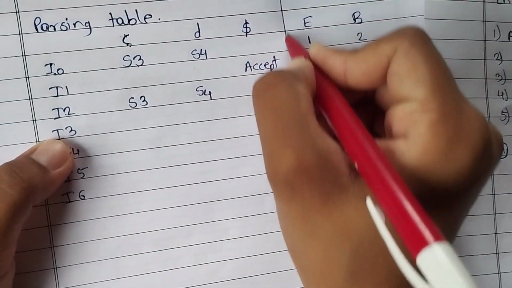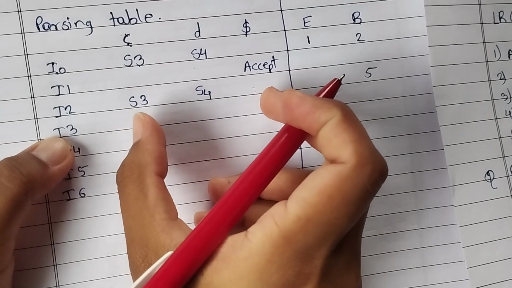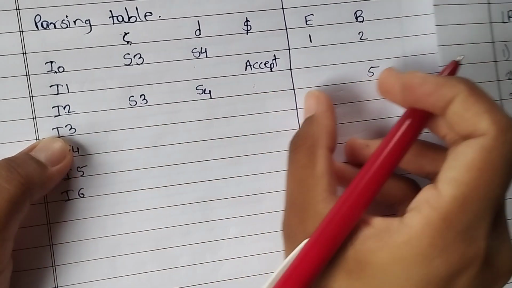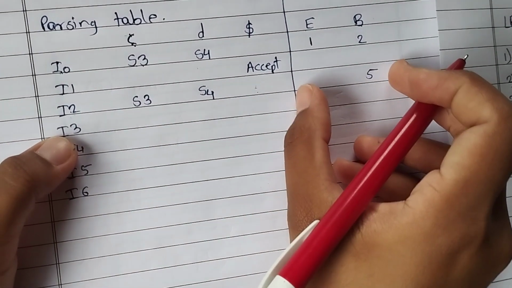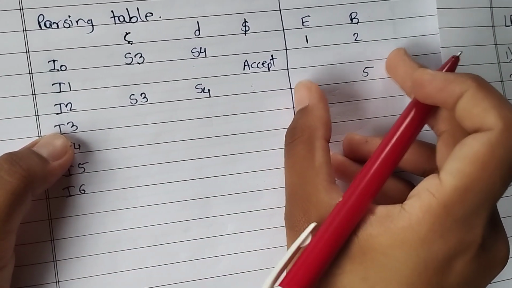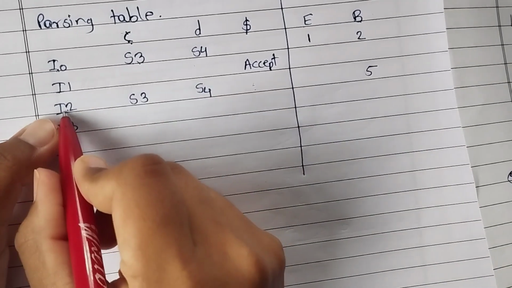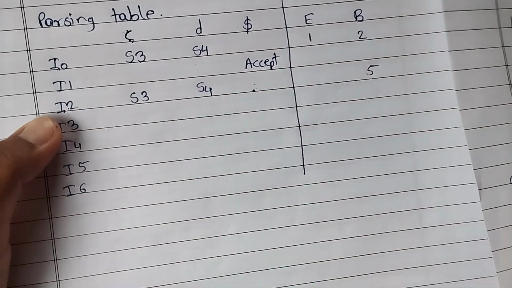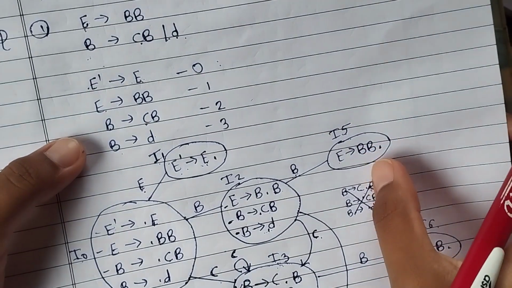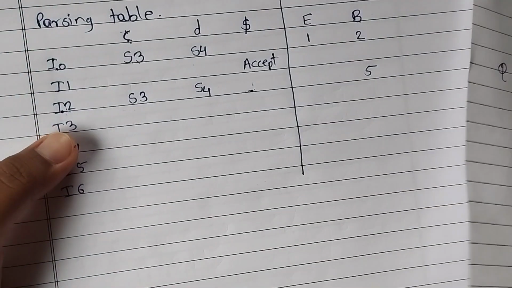Here all the terminals are present, so for that we write S1, S3, S5. But these are the non-terminals. That's why we write here only the numbering of the state, not S1, I2, I3, S3. So now dollar also does not come in I3, because dollar means accepted and we have not accepted anything in I3.